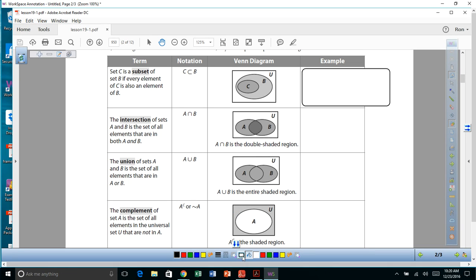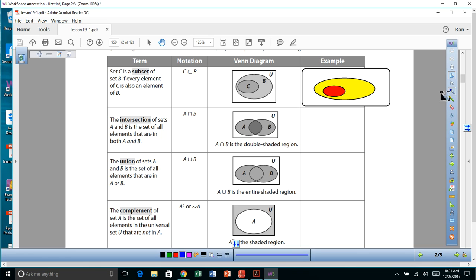And then we have a set, and we'll call this B. Let's draw that right there. And inside of B will be C. All right. Now, what was in C?